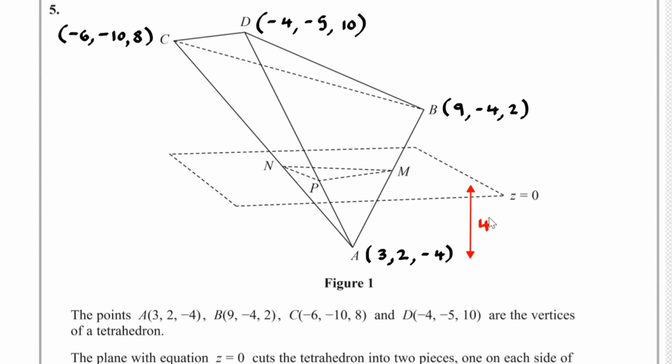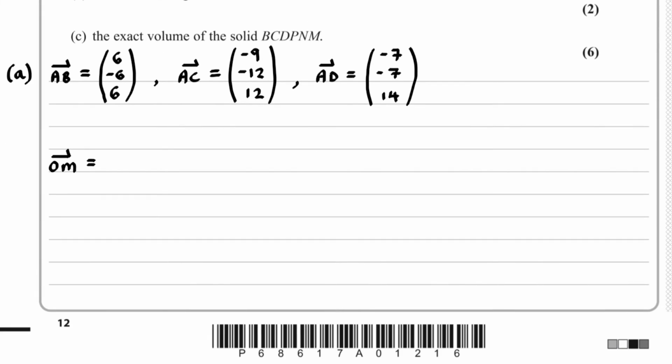So we have 4/6 of that to get to M. So for OM, we start off with OA, 3, 2, minus 4, and then what we do is add on 4/6 of 6, minus 6, and 6.